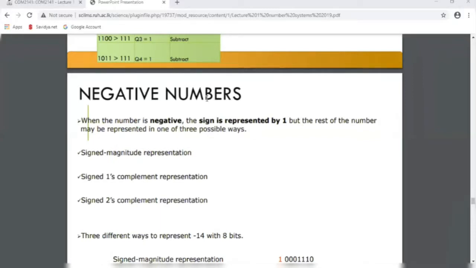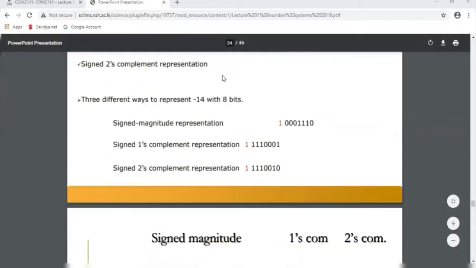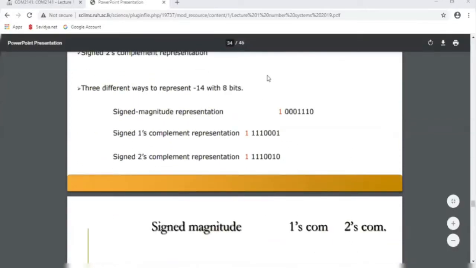And in those number systems, up to now we discussed how we can convert between these number systems, including the decimal number system. And then we discussed how we can do some arithmetic operations with these numbering systems. And after that, we are talking about negative numbers, how we can represent negative numbers in the computer. Okay.